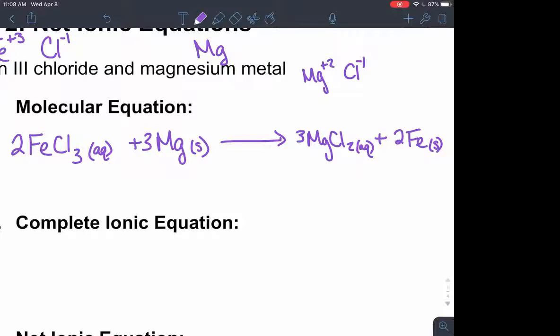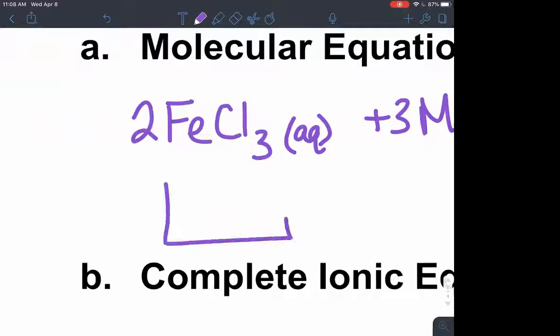Now we have to come up with a complete ionic equation, which means that we have to do something a little bit different than what we've been doing previously. Aqueous solution means that we have a container full of water, and this got dissolved in water, so we have Fe's with their charges floating around, and we have chlorines with their charge floating around in the liquid.